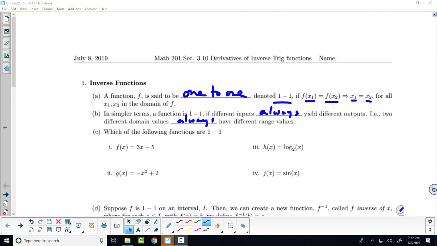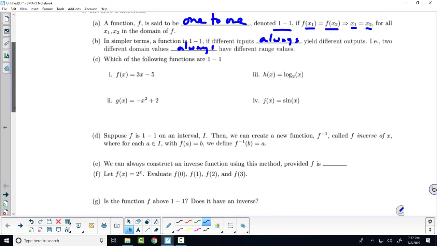This is saying, suppose two input values gave you the same output, then what must you know? You know that they must have been the same input values. So which of the following functions are 1-to-1? Well, as a reminder, let's just put this off in the margins.